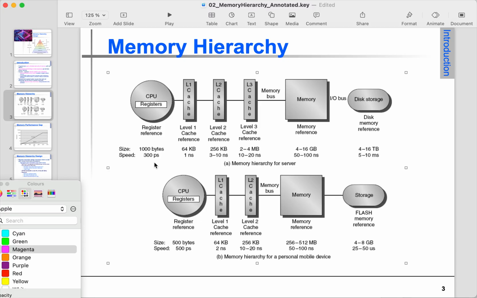So the registers would be the smallest, 1000 bytes, but they will be the fastest. Level 1, level 2, level 3 cache, as you can see, progressively the size increases, as well as the time for access increases.